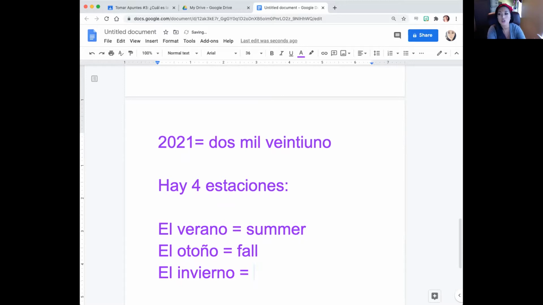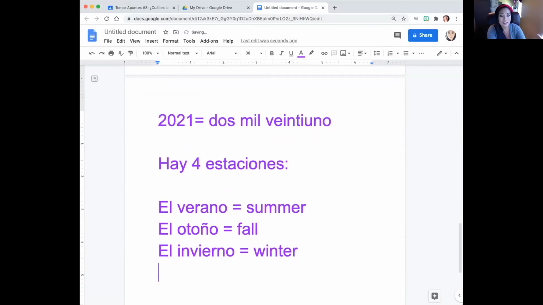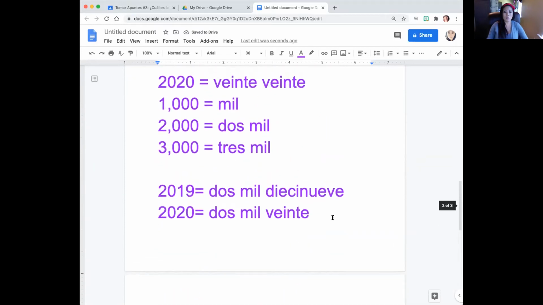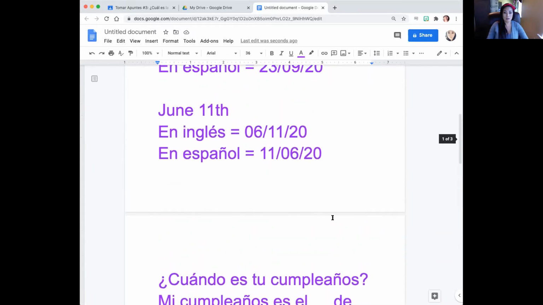I do not like, no me gustan los inviernos. I don't like winters. Y mi favorito, y la primavera. La primavera es más o menos, en mi opinión personal. I don't mind primavera, but I do have allergies, so it's not the best. But I do love flowers, so. Okay, so son los apuntes. All right.